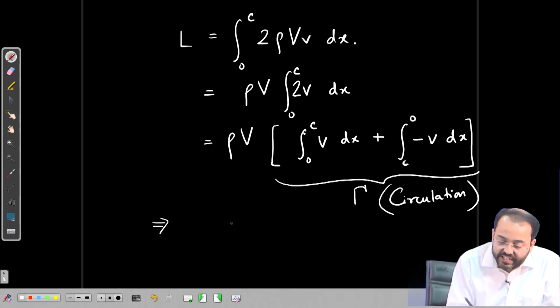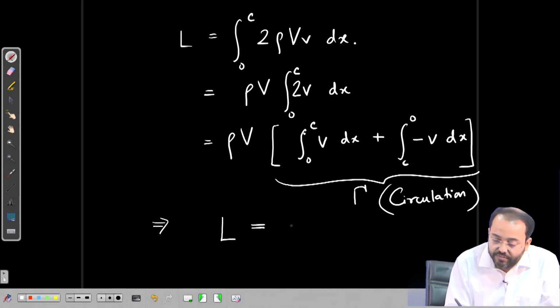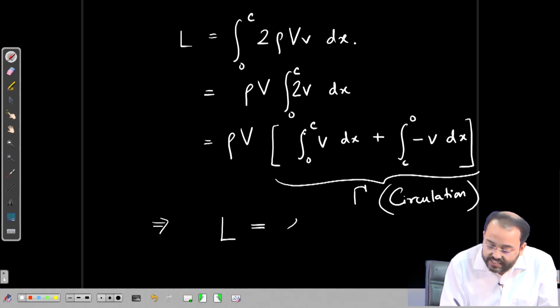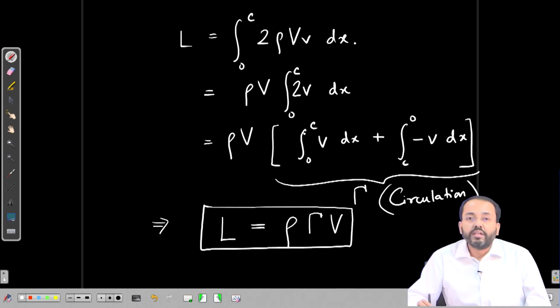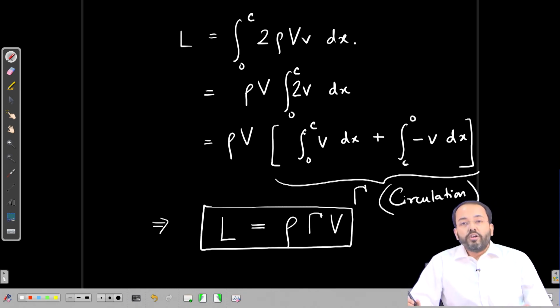Hence, we can write lift around the foil as rho times circulation times V. This is called Kutta-Joukowski's theorem, which relates the lift generated by an airfoil to the circulation around the airfoil.